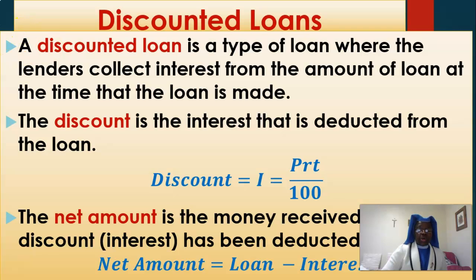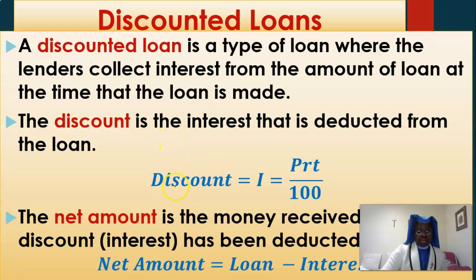Now, discounted loans. Sometimes when you borrow money, the lender would like to take away the interest at the beginning and then give you the amount that is left. So that is called a discounted loan. The discount is the interest that is taken away.